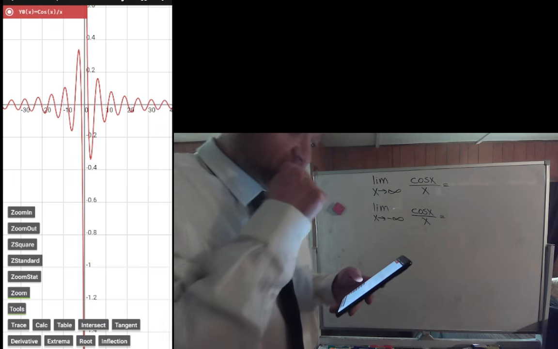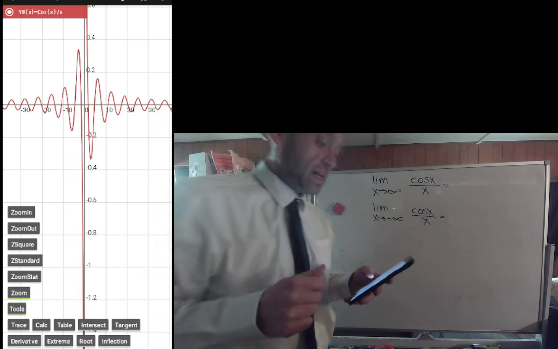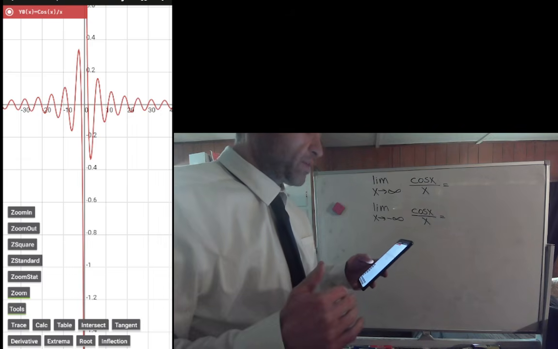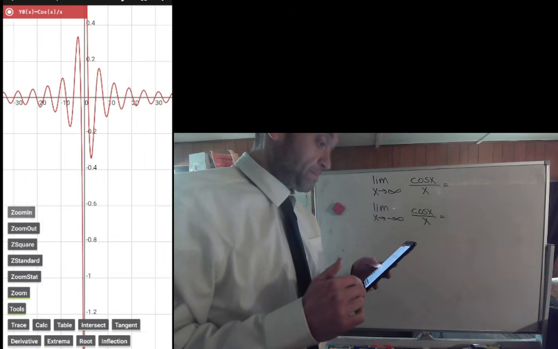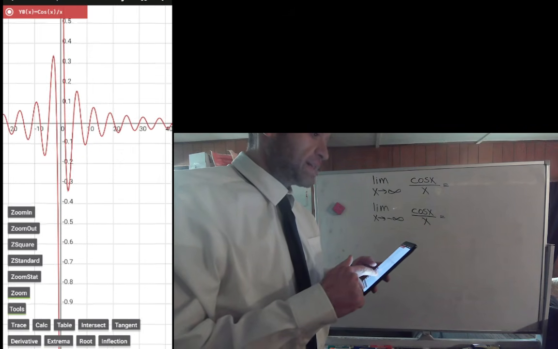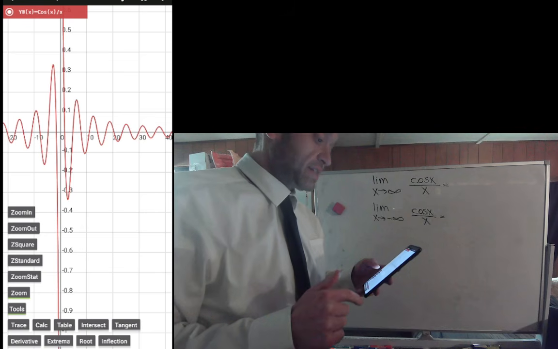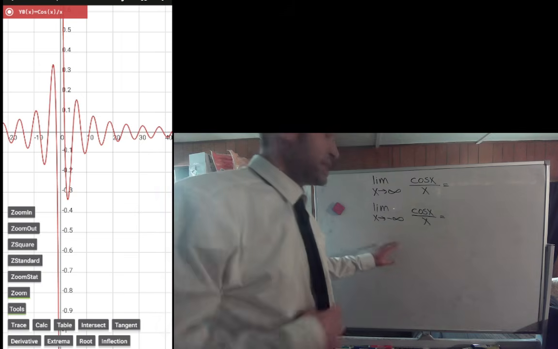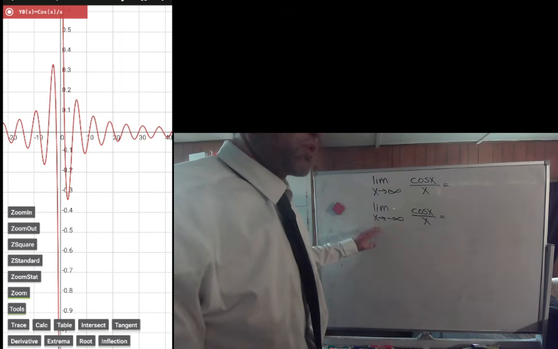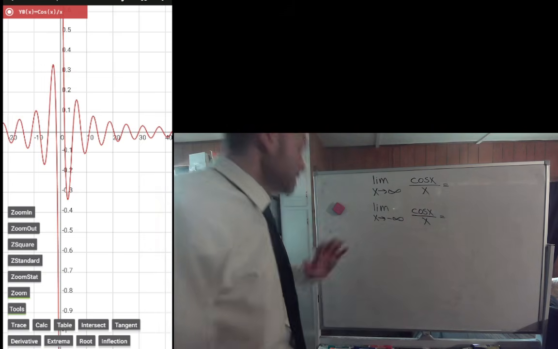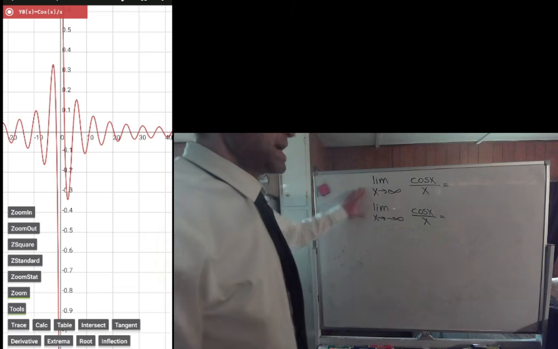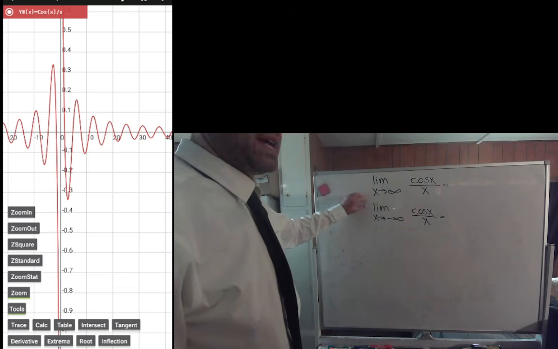Now, as you see, it looks like we have an infinite discontinuity right around 0. But that's still irrelevant. Right around x equals 0, we have an infinite discontinuity. But that doesn't matter. We'll actually deal with the limit as x approaches 0 of this function in the next lesson. But right now, we're only interested in the limit as x approaches infinity and negative infinity.